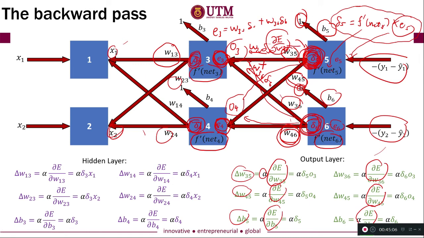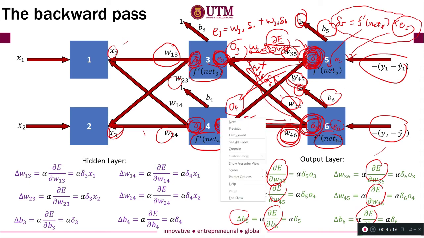You must see the pictures there. If this is going in that direction, and this one is going in that direction, then to find this E4, you must multiply W45 and W46 and so on. But again, this is where we managed to generalize everything.